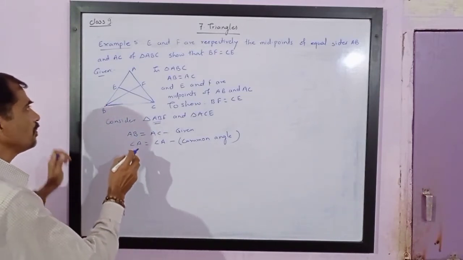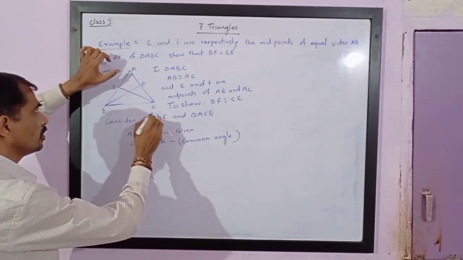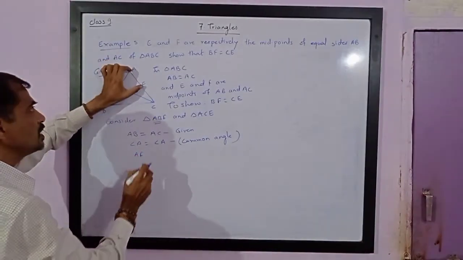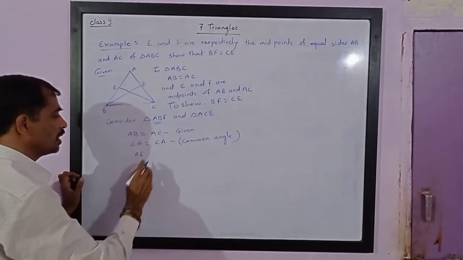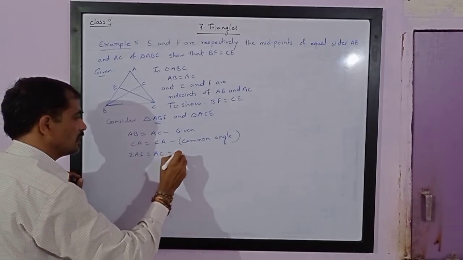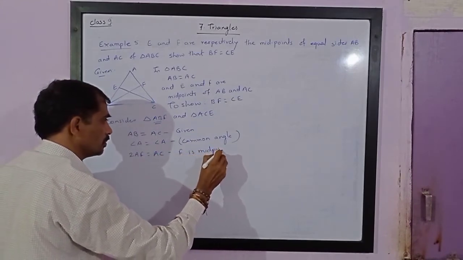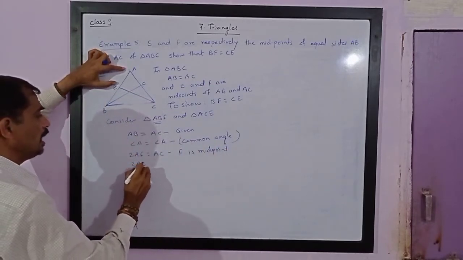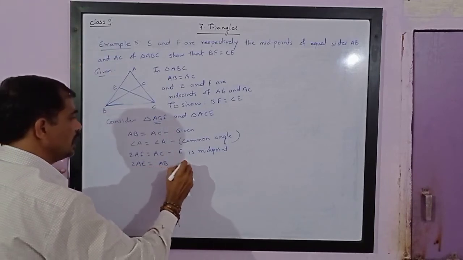Now if you see this, F is the midpoint, so twice AF is equal to AC. Reason: F is midpoint. And twice AE is equal to AB. Reason: E is midpoint.